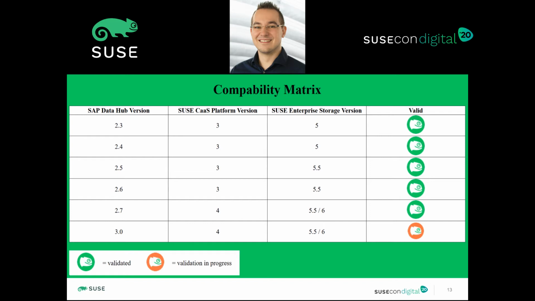And 3.0 is a little bit special. First off, it will be renamed from SAP Data Hub to SAP Data Intelligence, and it will be released soon. And we are looking forward to validating it quite soon as well.